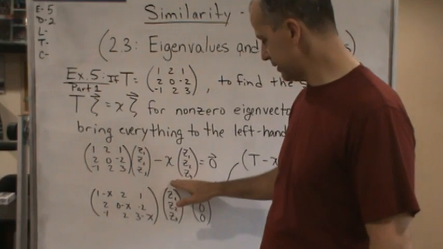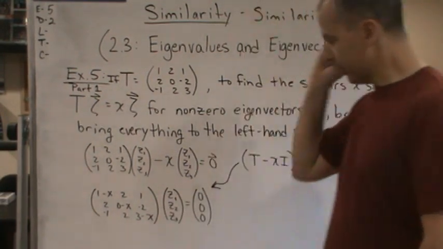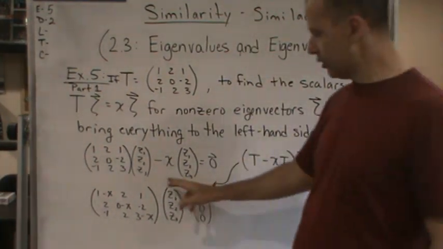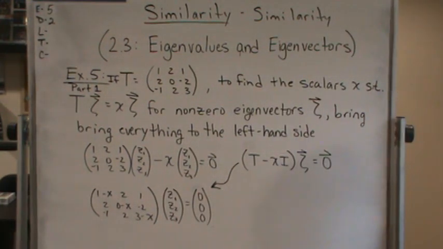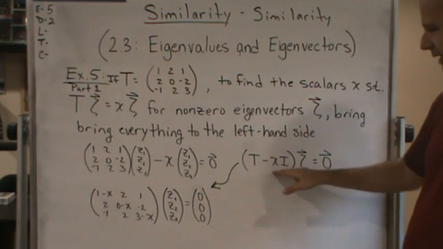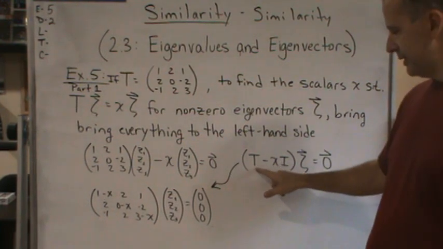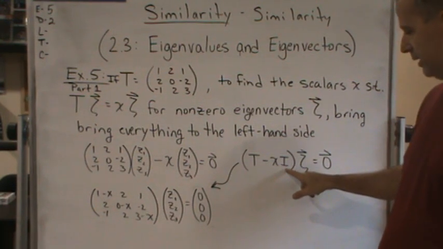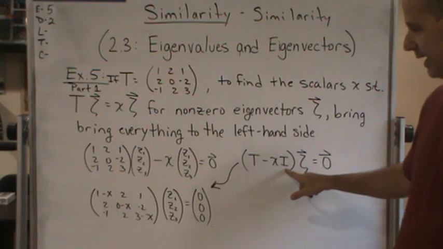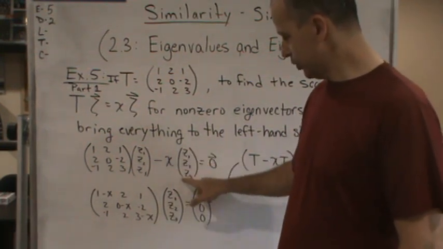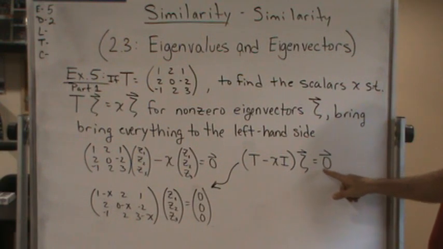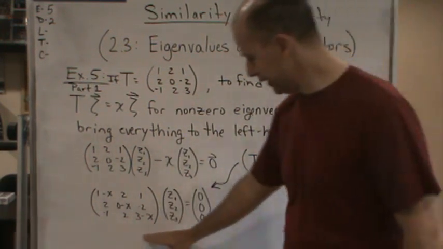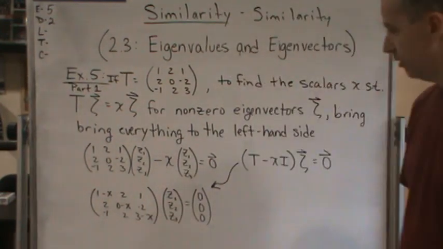Then we factor out the zeta vector, and we get T minus x times I, the identity, times zeta equals the zero vector.